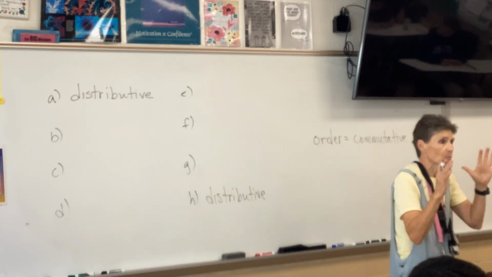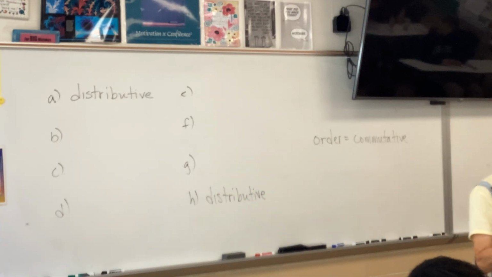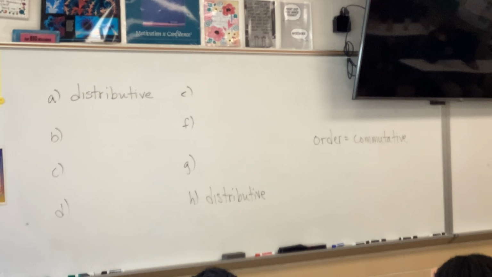I really want you to remember this property, guys. When I say I'm commuting to school, what does that mean? We move from here to here, right? We change our place. We're not at home anymore, now we are at school.